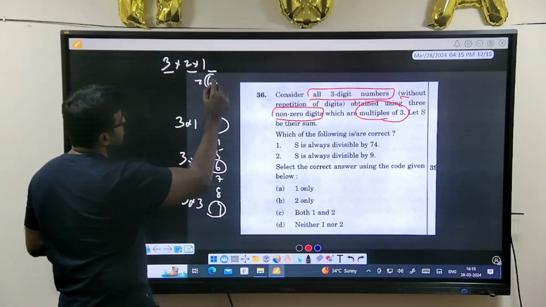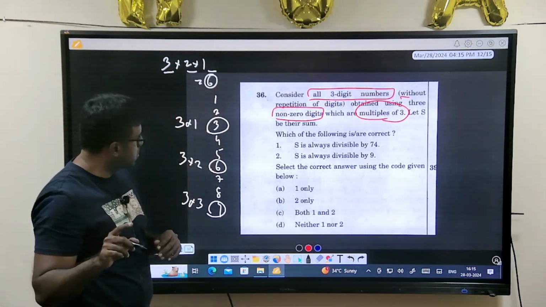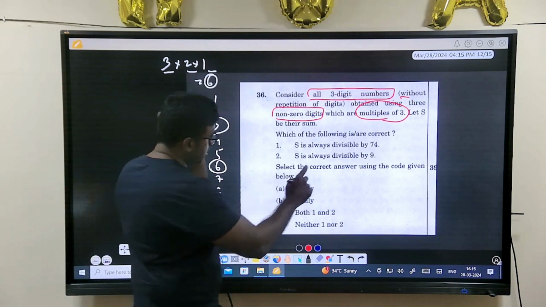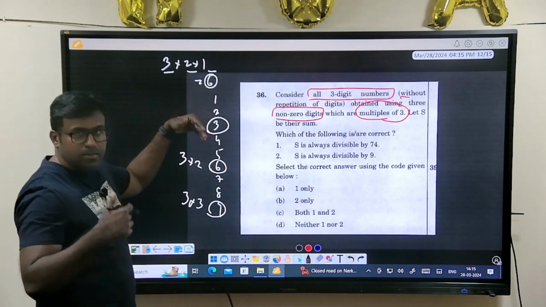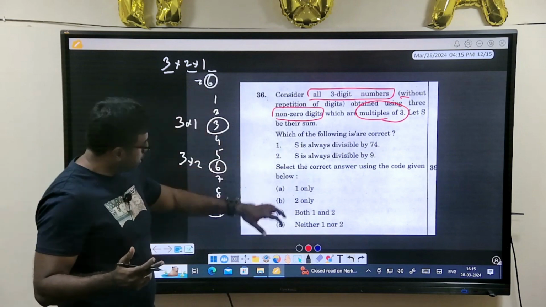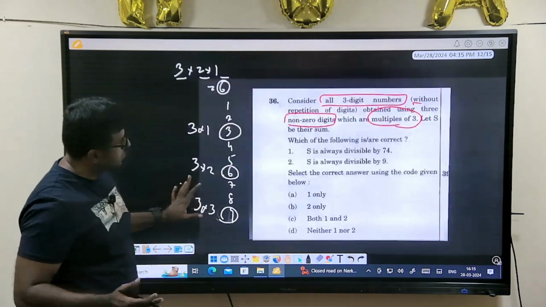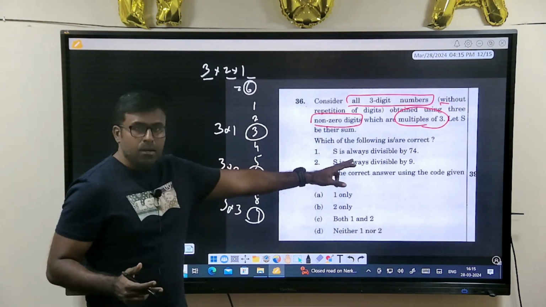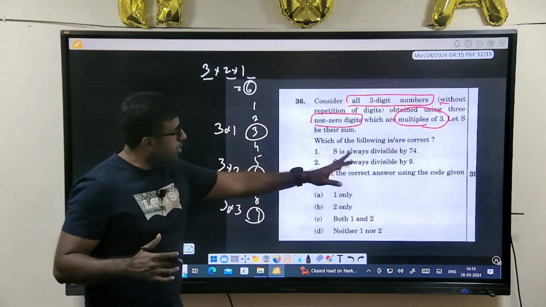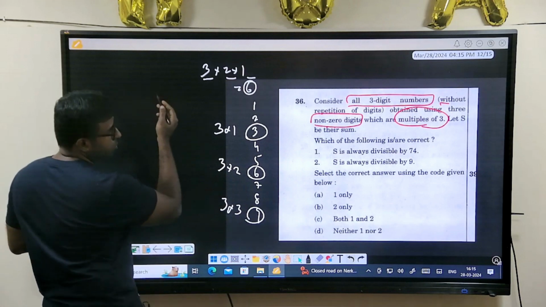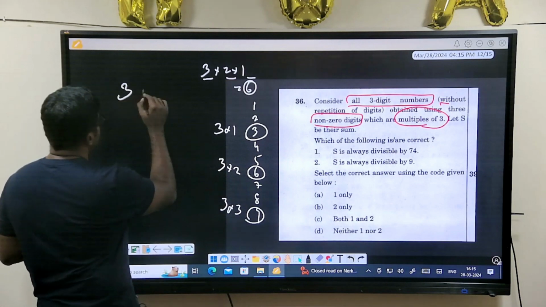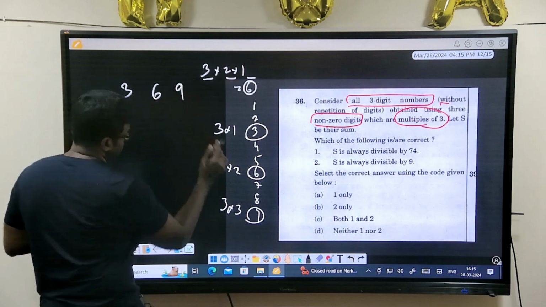That is 6 combinations of numbers possible. Let S be their sum. So how many possibilities are there? 6 possibilities. They say that if you sum it all, it will be divisible by 74 and 9, is what they say. Again, you apply this logic of 3, 6, 9.